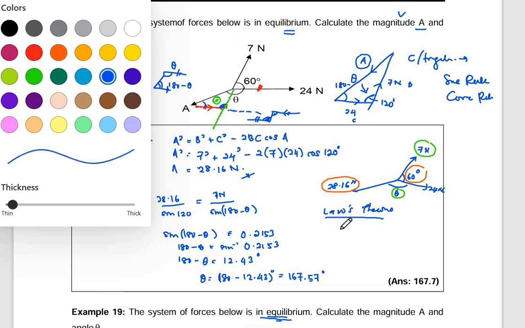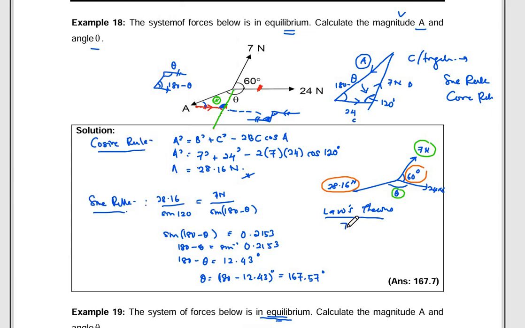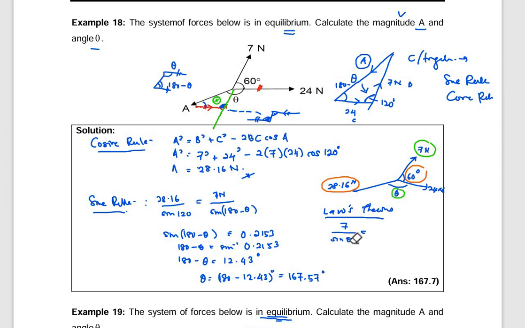Okay, so dia akan ada 7 divided by sin theta is equivalent to, okay, sorry, 180. Kalau pakai 180 ni sebab dia nak cari theta, okay, kena pakai 180 lah sebab dalam sukuan kedua.